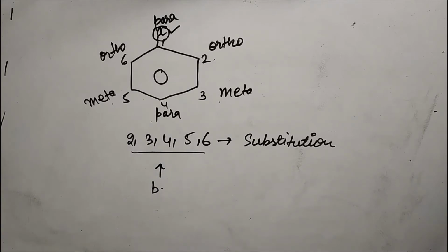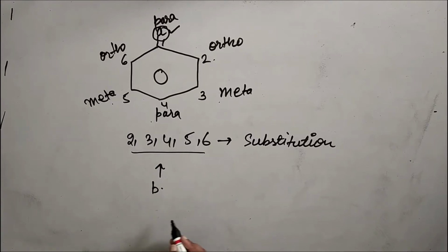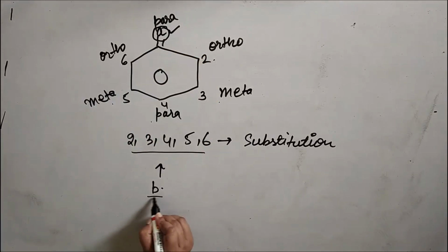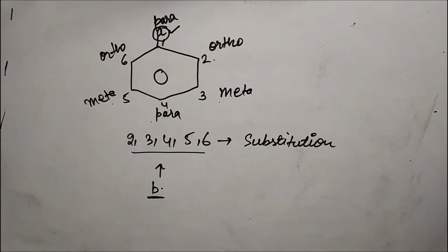I am repeating again: if A is the functional group present on the benzene ring and B is the second functional group which we want to substitute, then the presence of A will decide at which position B will be substituted. That is called the effect of the monosubstituted benzene. If the benzene is already substituted with one group, that functional group will decide the substitution on the benzene ring.